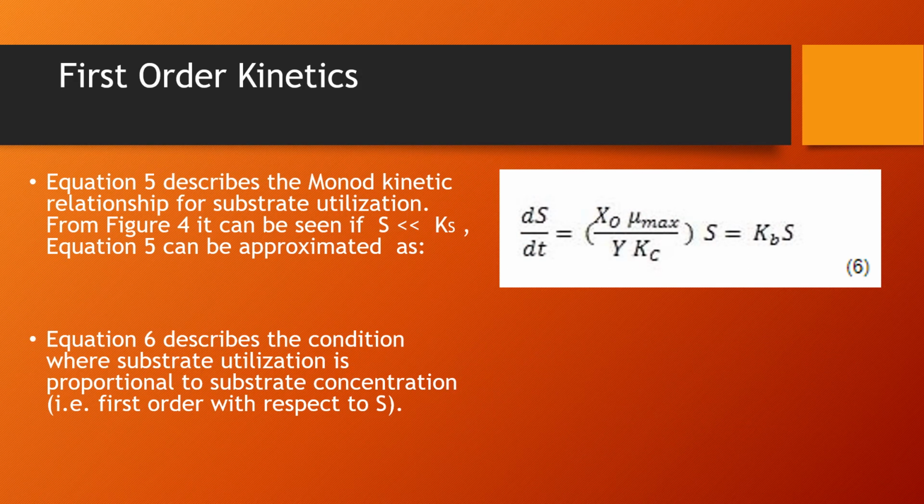Now coming to the first order kinetics of microbial growth. Monod equation 5 describes the Monod kinetic relationship which we have already discussed earlier for substrate utilization. From the previous figure it can be seen that if S is less than Ks, then equation 5 can be approximated like this.